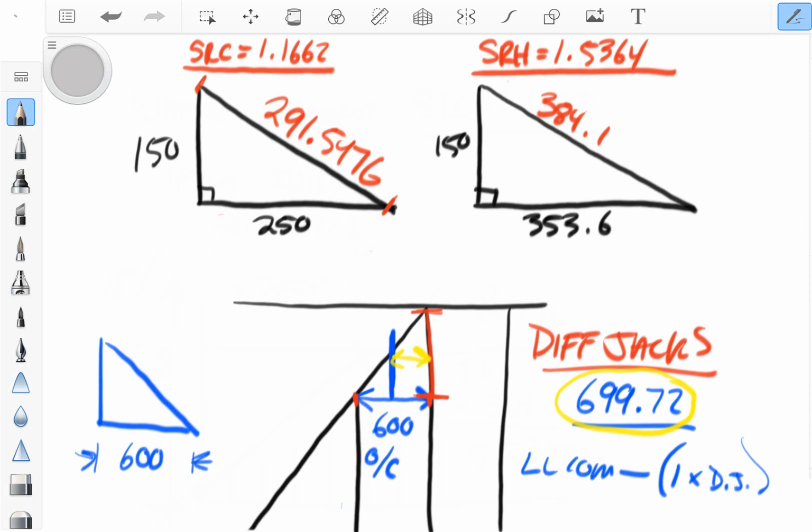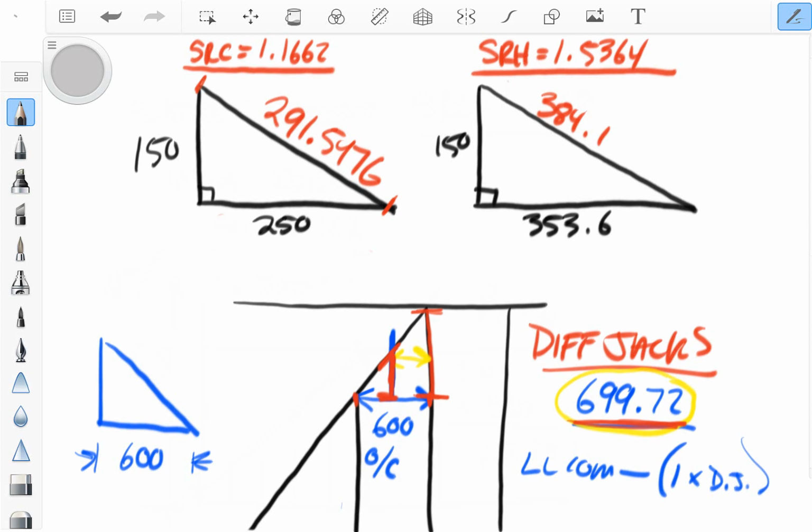Now we take 0.5 and multiply it by our difference in jacks, and that gives us the amount of line length that would be decreased for this portion. However much we go over in portions of a space, we can multiply by our difference in jacks, or whatever distance in millimeters we travel, we can multiply by our slope ratio common, which also gives us how much is subtracted.